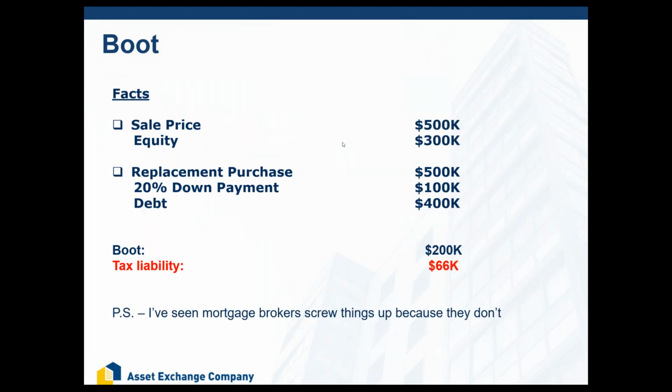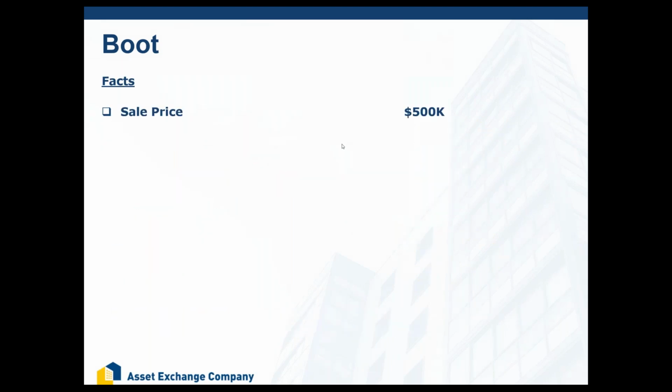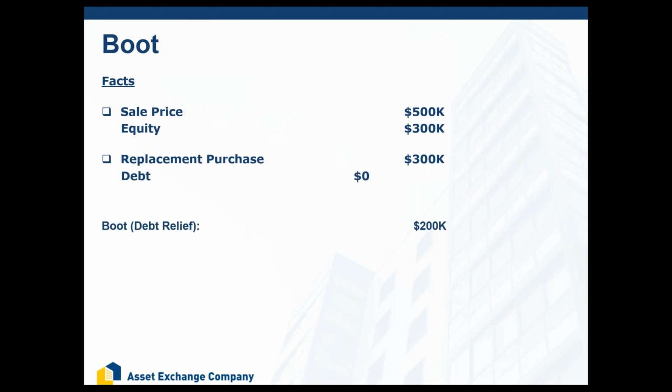Let's talk about another situation, all right? Same set of circumstances. You sell a property for $500,000. You have cash equity in that property of $300,000. And your client says, well, geez, I want to go out and buy a $300,000 property with all my cash. That doesn't work. Now, what you did was you spent all your cash, but you didn't buy enough real estate.